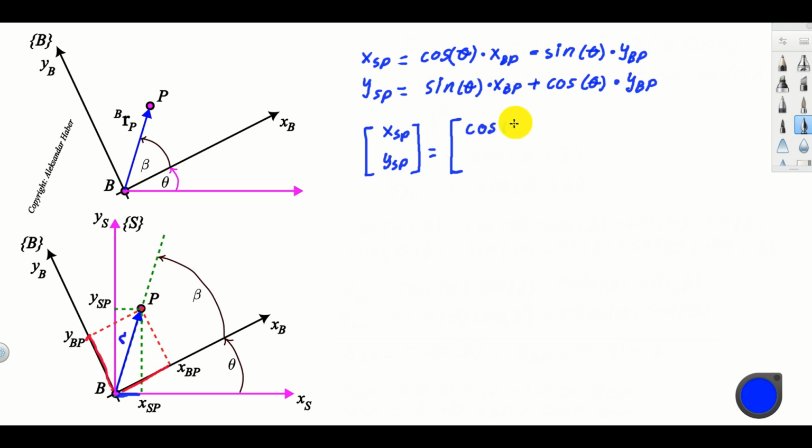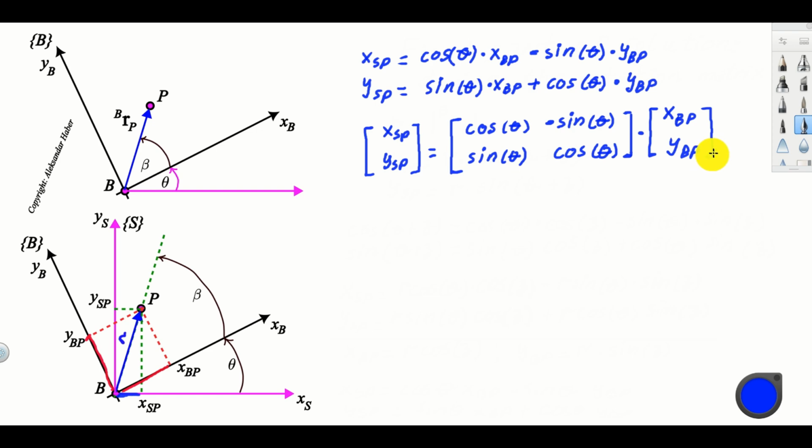It's going to be cosine theta, then minus sine theta, then over here we will have sine theta, and then cosine of theta. Then this matrix will multiply a vector, and this vector will be XBP and YBP, and that's it.